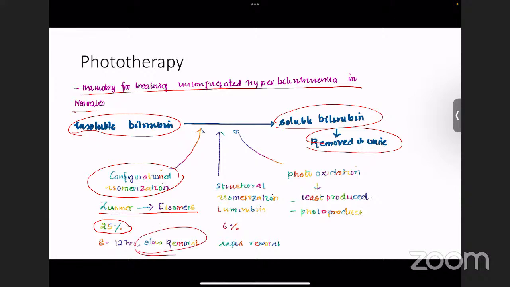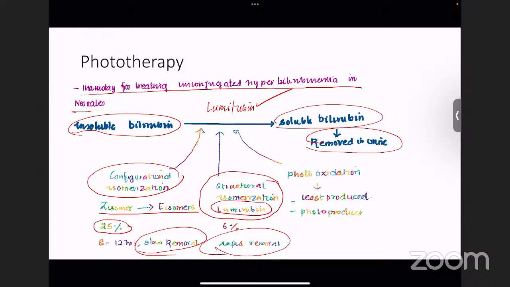The most common method, with a high removal rate, is structural isomerization, where it converts to lumirubin. Lumirubin is the product you should know, as it gives rapid removal. The least important mechanism is photo-oxidation, which produces photoproducts for excretion. In this way we convert insoluble to soluble bilirubin.